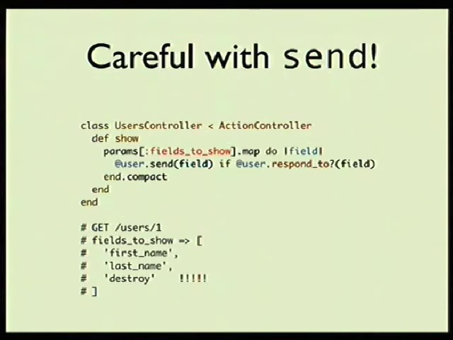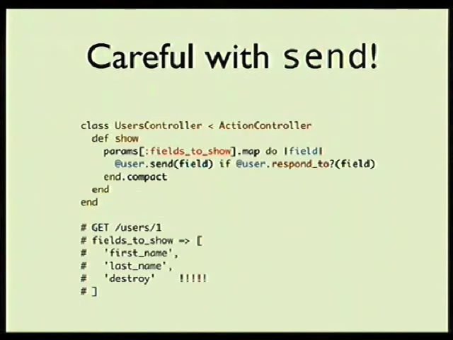This is another exploit that I think is somewhat widespread, and it relies on people being careful with using send. Be very careful with sending anything to any of your objects with anything related to user input as an argument. In this example, it looks pretty innocuous. I'm just giving it fields to show for maybe a report generation, and it's going to dynamically go through and send those to the user.